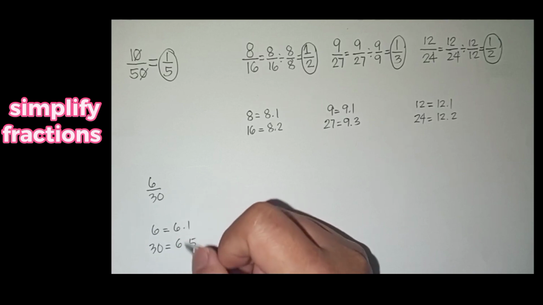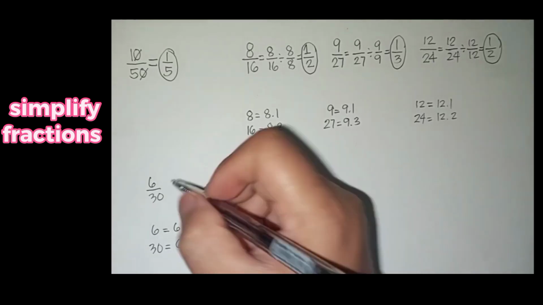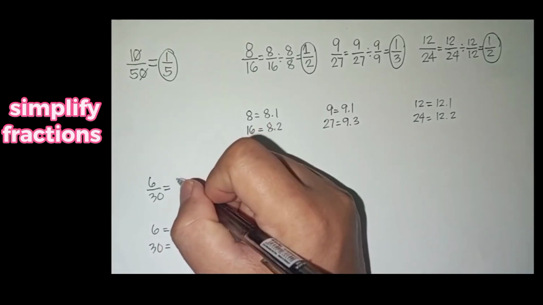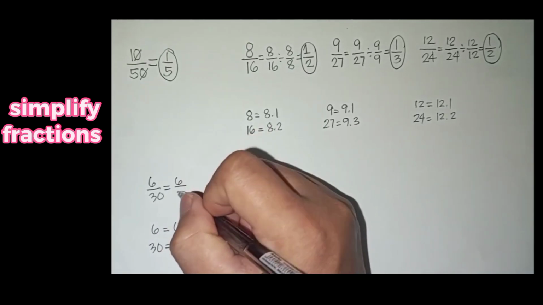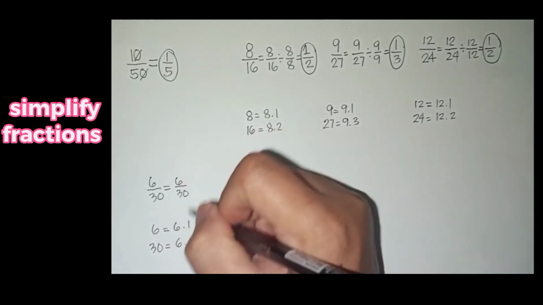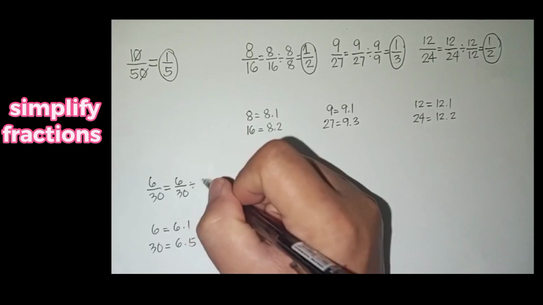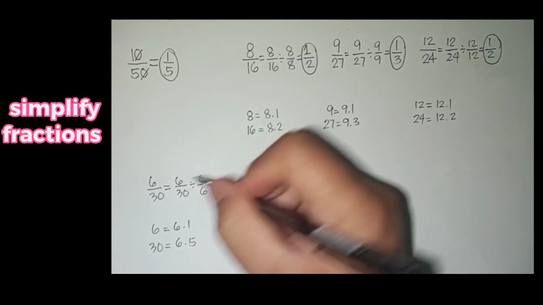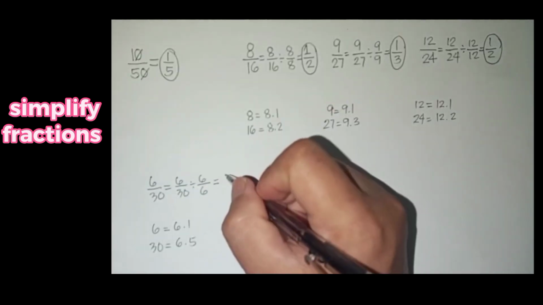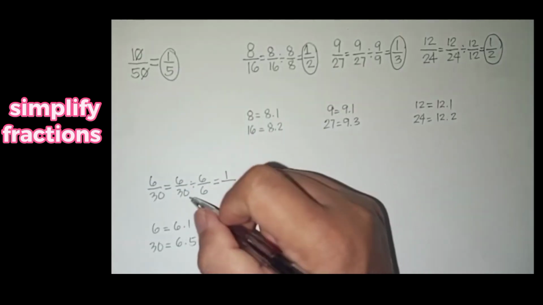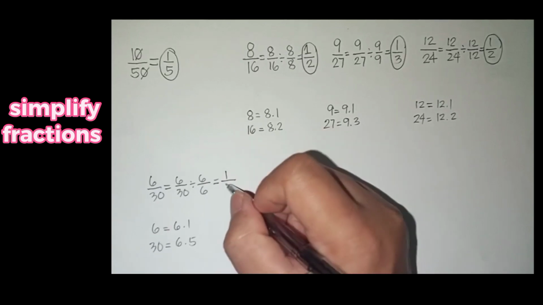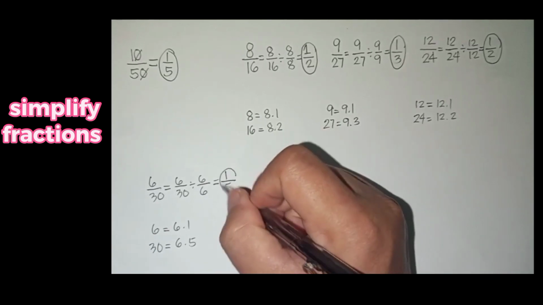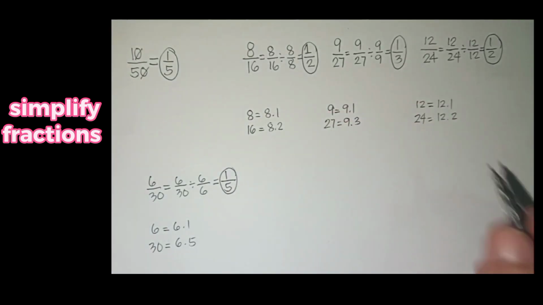Now the greatest common factor is 6. So we just simply have to divide 6 and 30 by the GCF 6. So 6 divided by 6 is equal to 1. 30 divided by 6 is equal to 5. So the answer is 1/5.